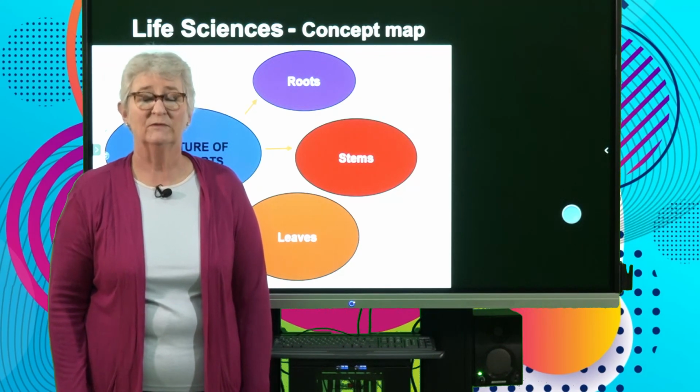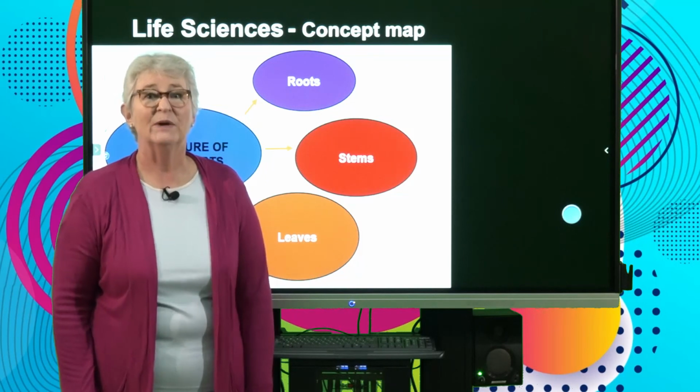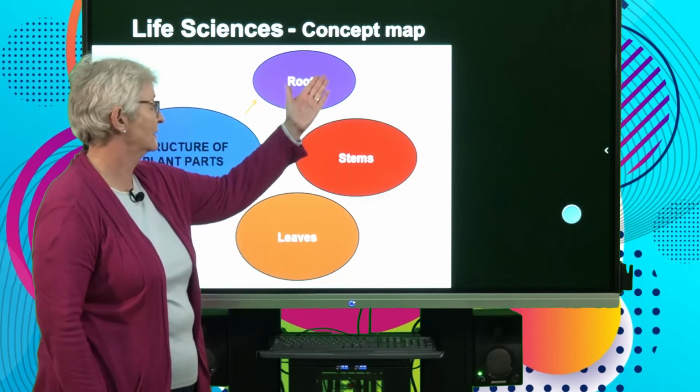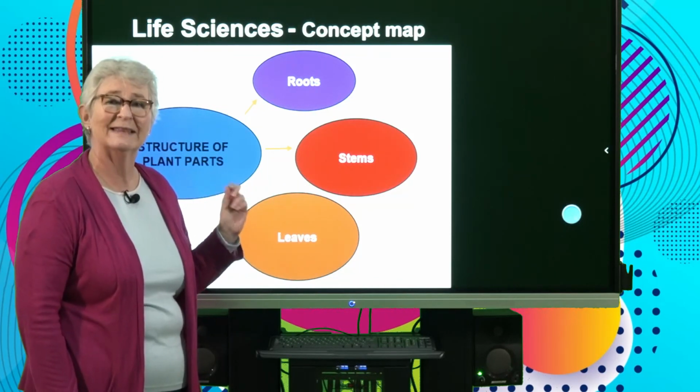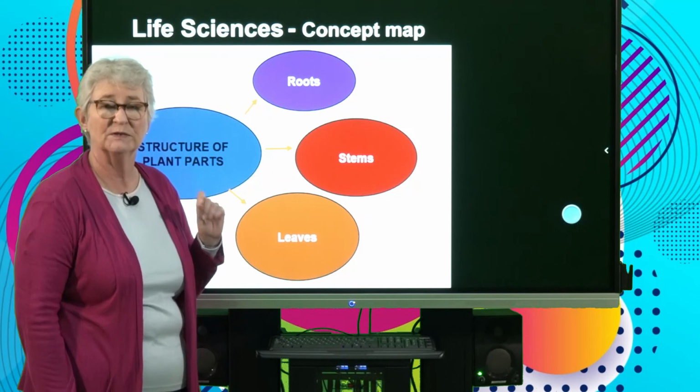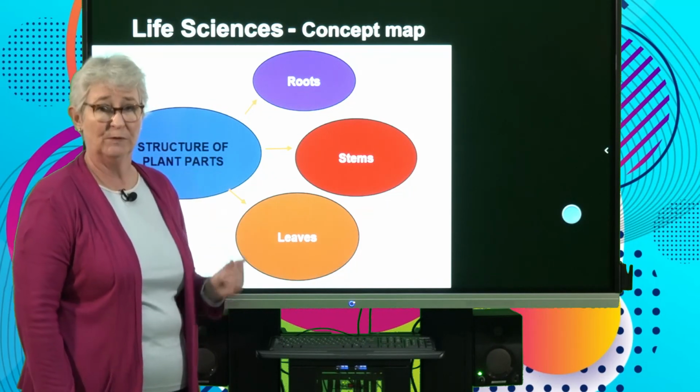So, what we have looked at so far in plant anatomy, we have looked at the structure of roots, stems, and leaves. And in doing so, we have also looked at the functions. What do these different parts of the plant actually do for the plant?